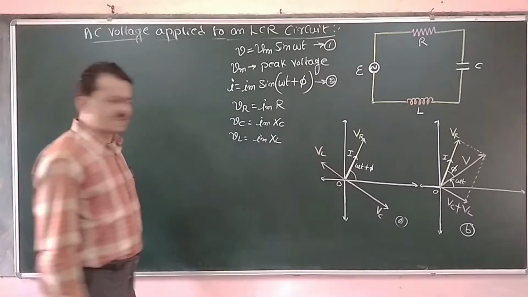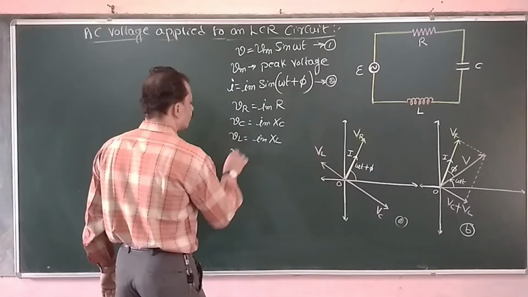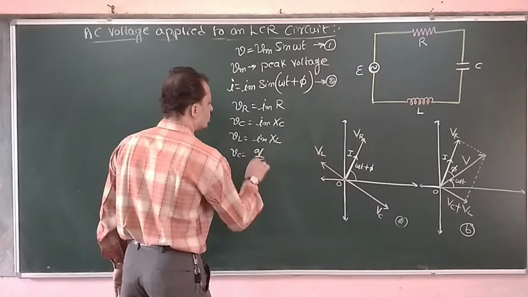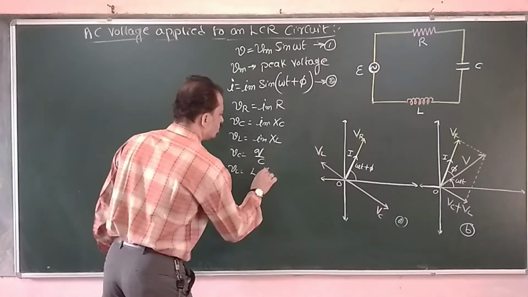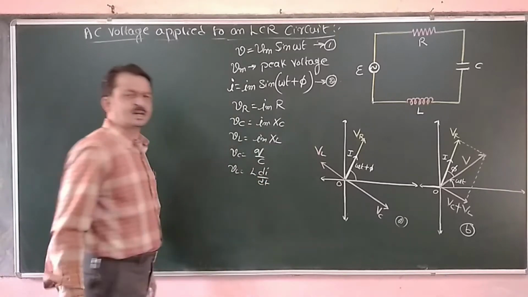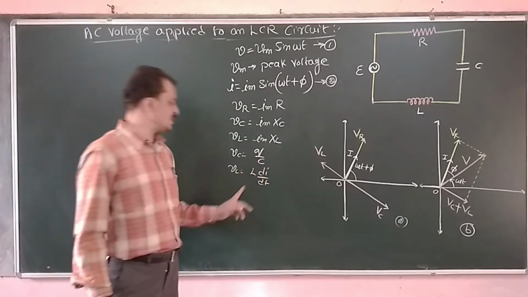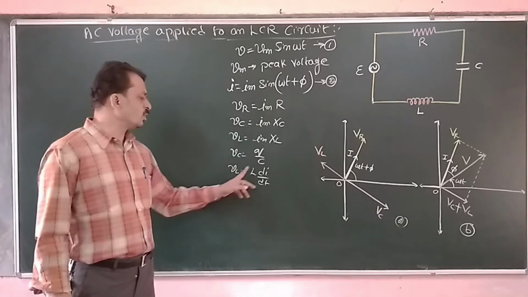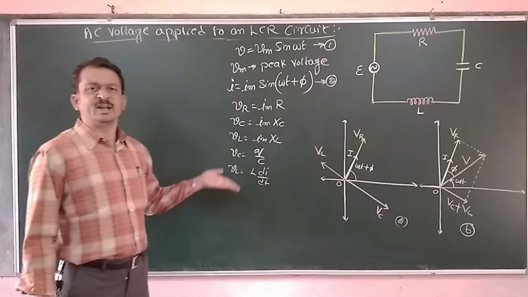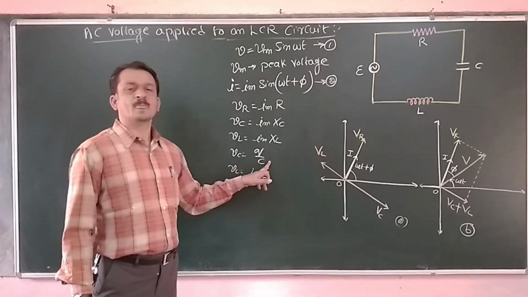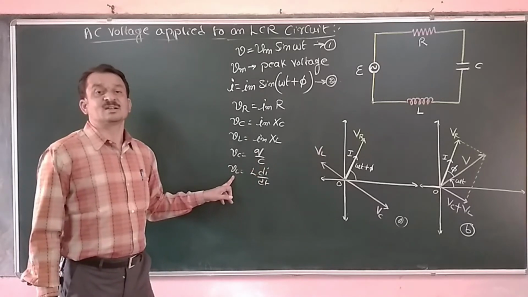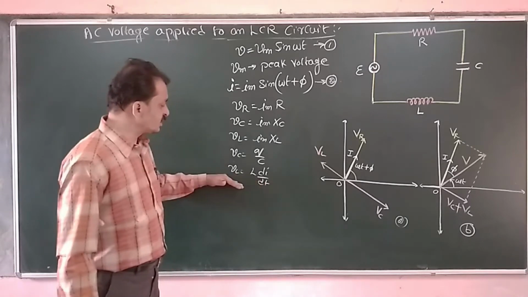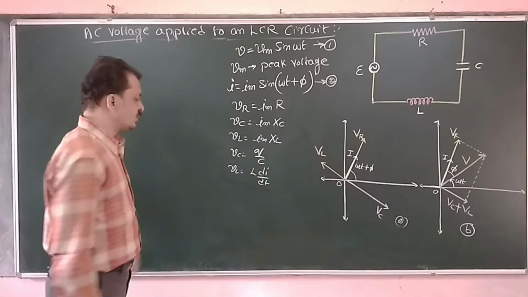Also we can write Vc is equal to Q by C and VL is equal to L into di by dt, taking the magnitude. This is according to Faraday's laws of electromagnetic induction, therefore this is the induced voltage.